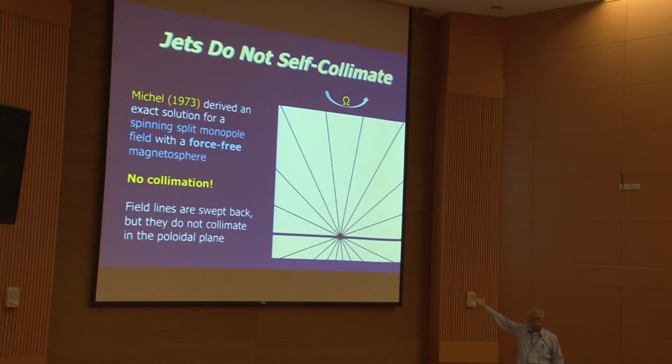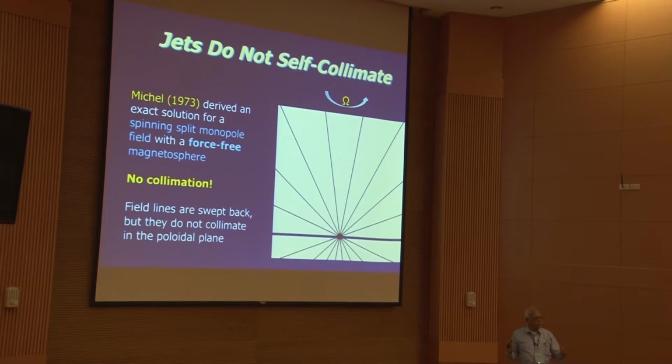You can get an analytic solution, and that solution will show you that field lines nicely twist round and round because of the twist in the center, but the poloidal structure doesn't change at all. The lines will go out pretty much radially in the poloidal plane. In fact, a lot of the power will go in the equatorial plane. There's nothing that's focusing power in the polar region.